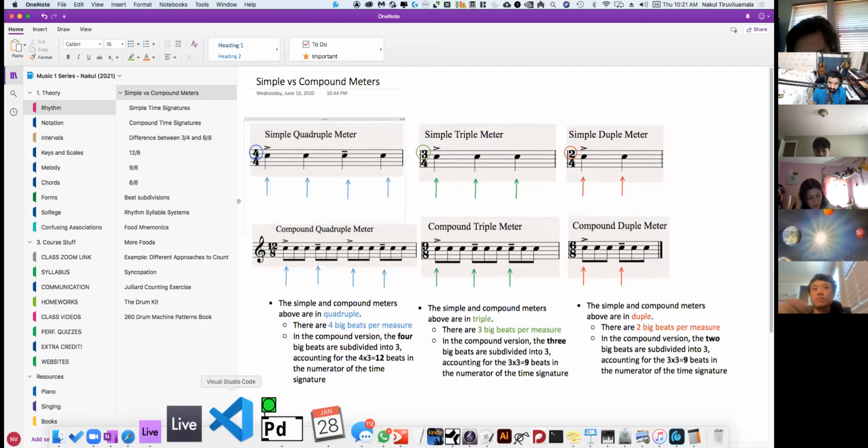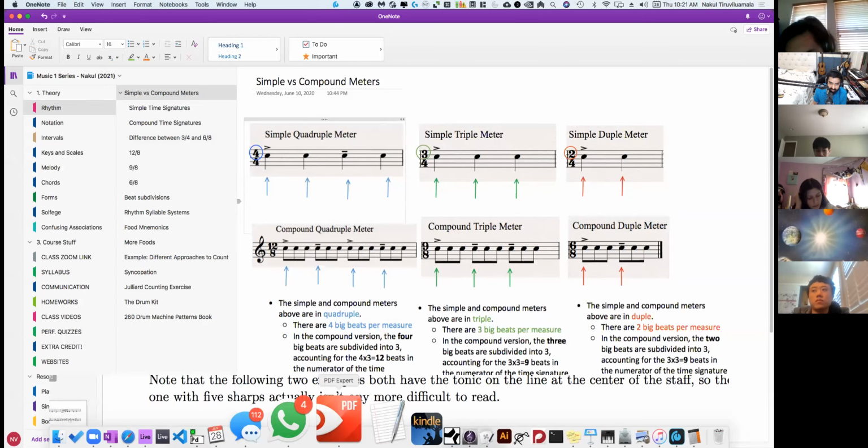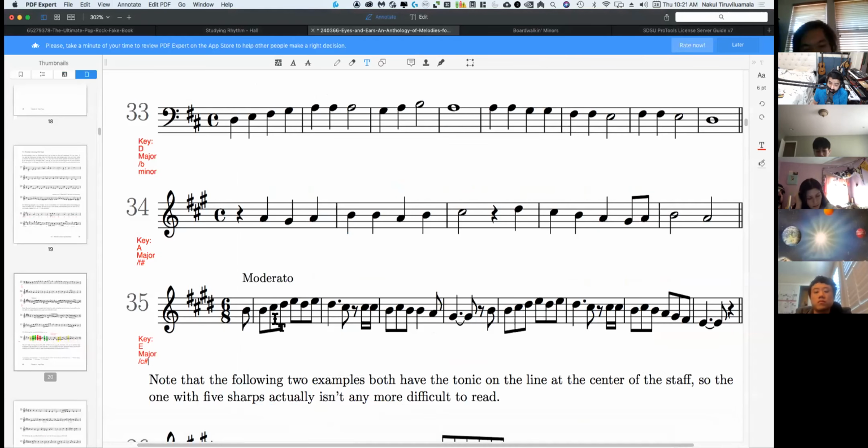So looking back at our good old example, which precipitated this whole thing, this is at 6/8, and notice how the beamings are. Notice how there are 2 beamings per measure. So instead of saying 1, 2, 3, 4, 5, 6, or instead of saying 1 and 2 and 3 and, what I would say is 1 and 2 and, 1, 2 and.